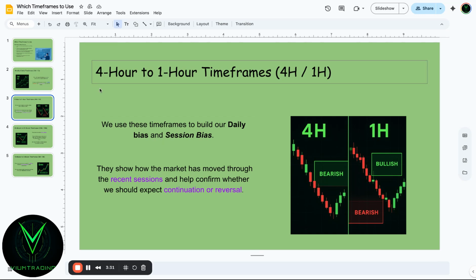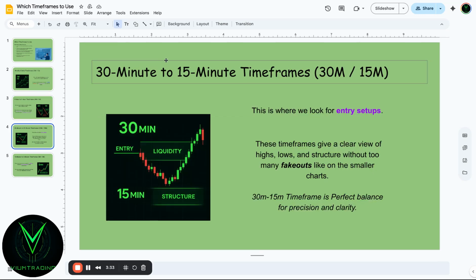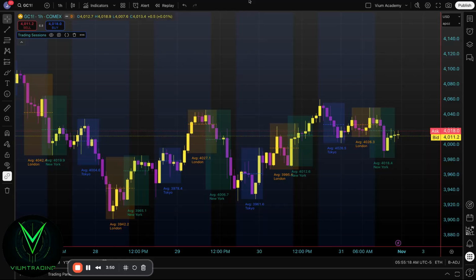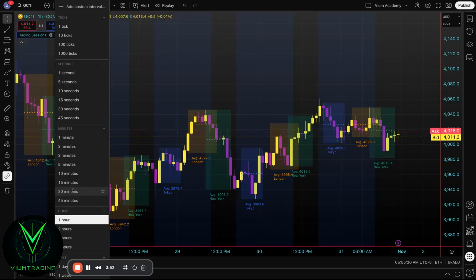And we go to the next type of time frames, which is 30 to 15. I want to explain something. I put two different time frames inside each slide. So I don't want you guys to be looking for 30 or 15 minutes separately. Obviously you can see it here.